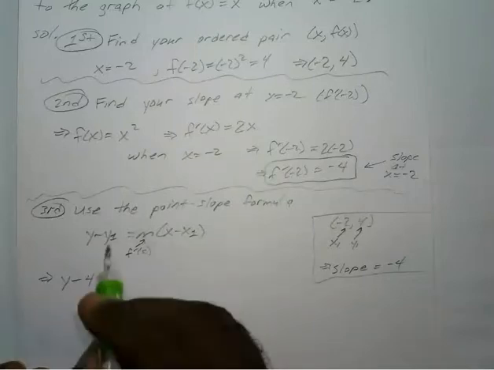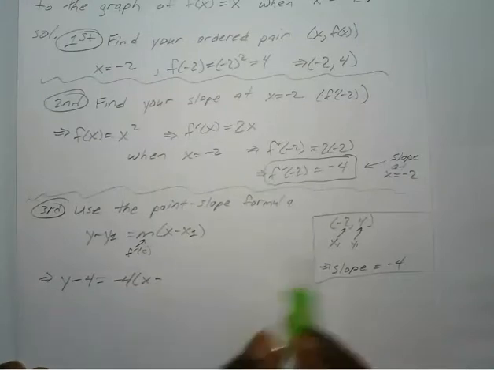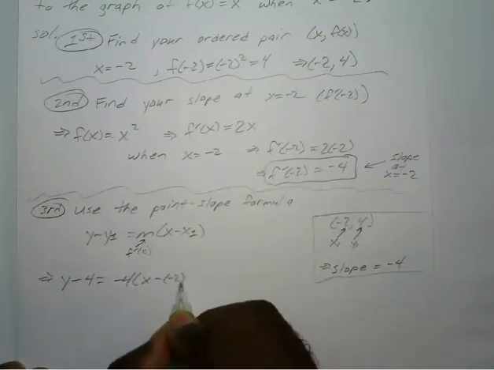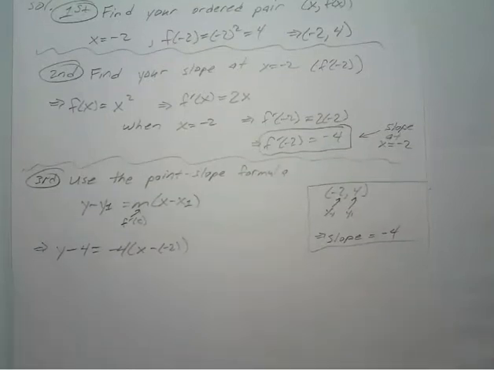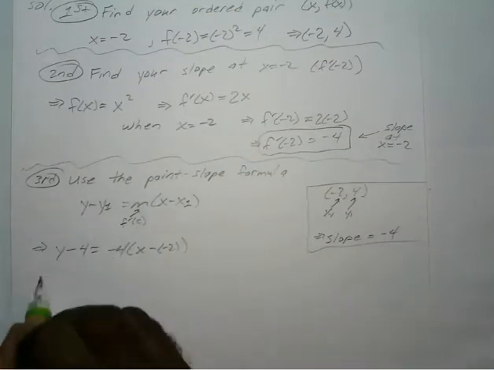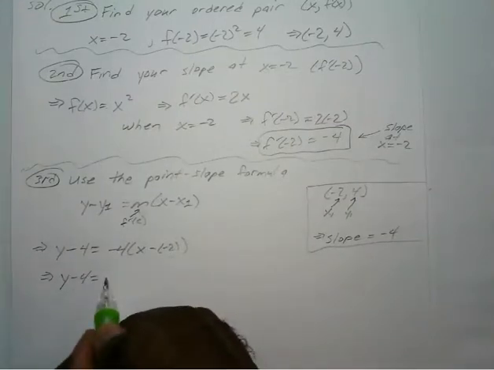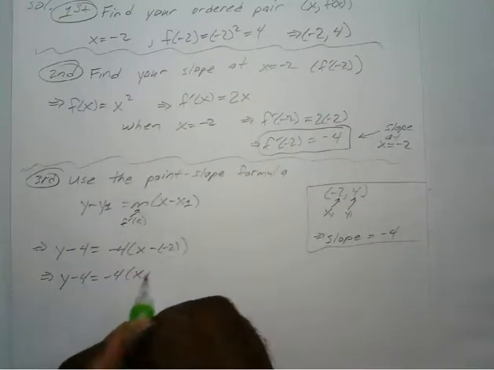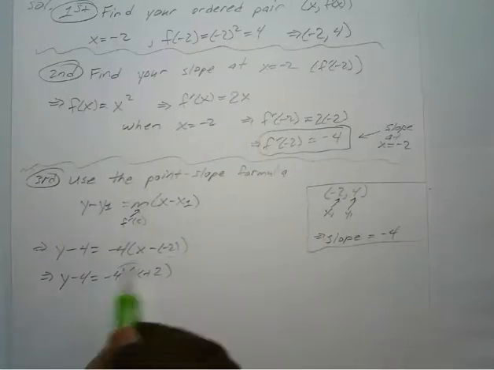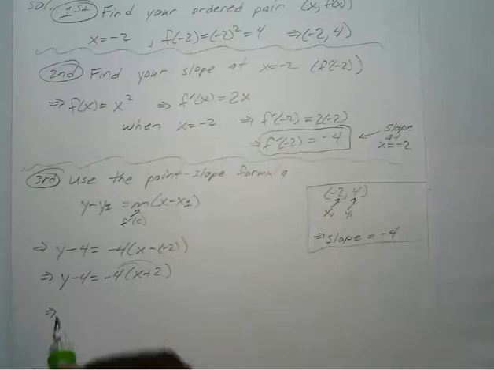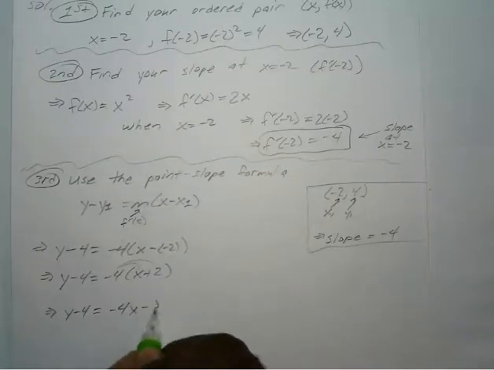So your slope is -4, so you have -4 times x minus x1, so x minus -2. If we clean this up a little bit, that's y minus 4 equals -4 times x plus 2. So we go ahead and distribute that -4. So we have y minus 4 equals -4x minus 8.